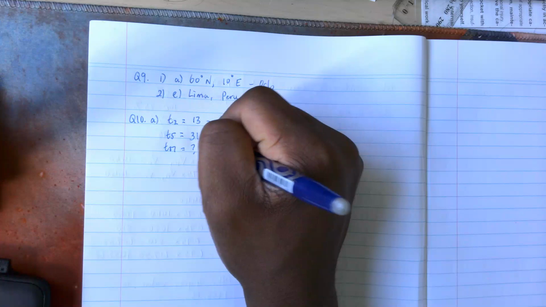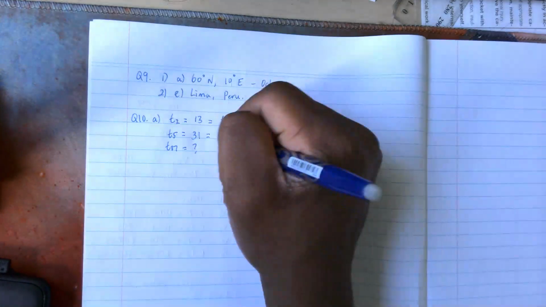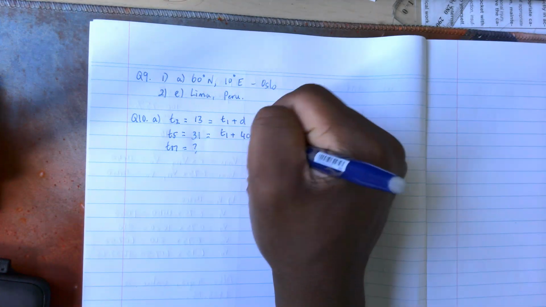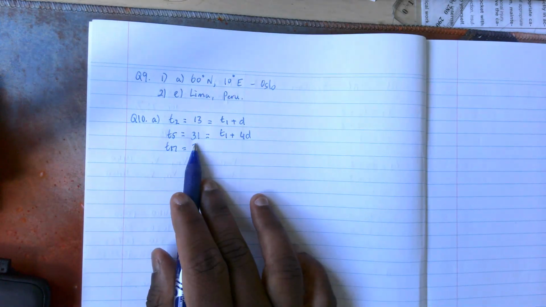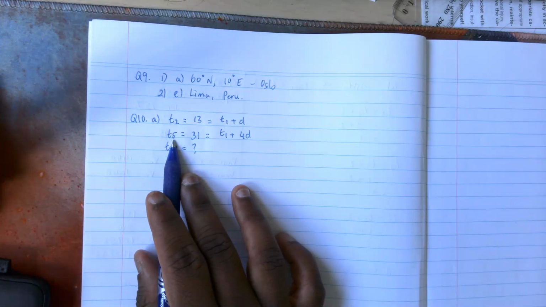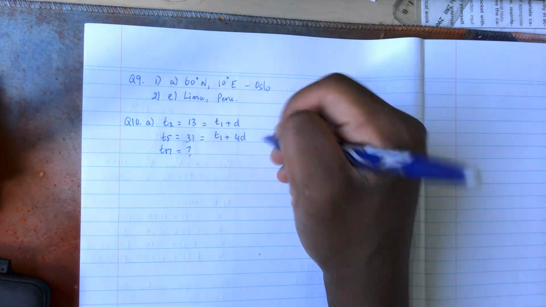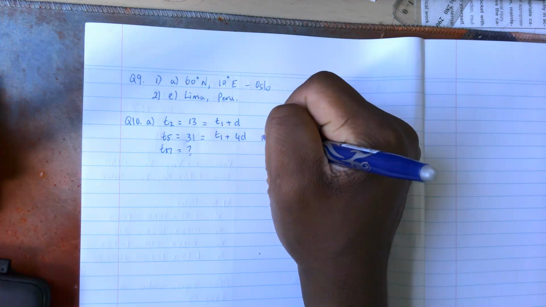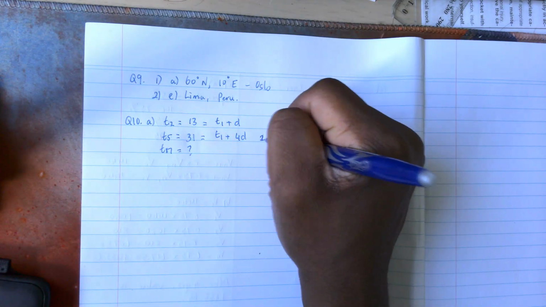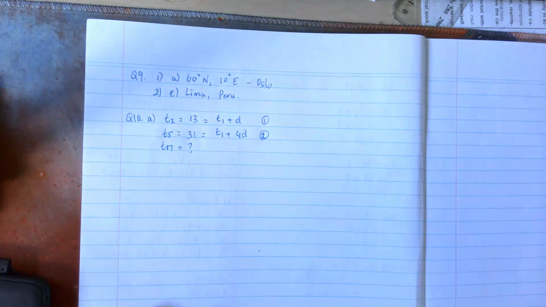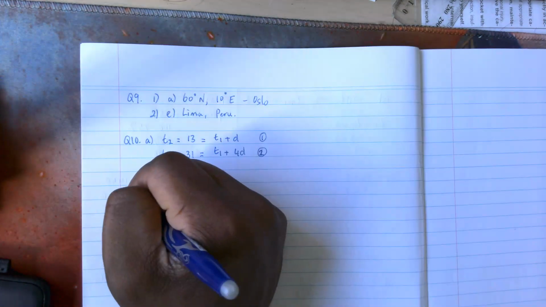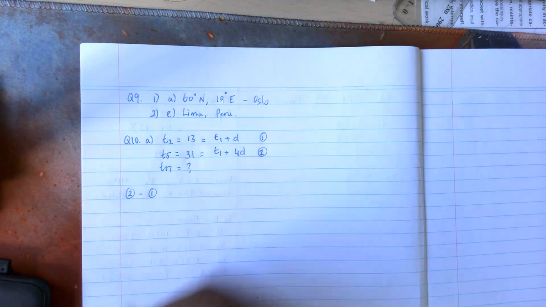And another thing we can say is T1 plus our common difference 4 times will give you 31, which is our fifth term. I'm going to call this equation 2. This is going to be equation 1. And I'm going to take away equation 1 from equation 2.